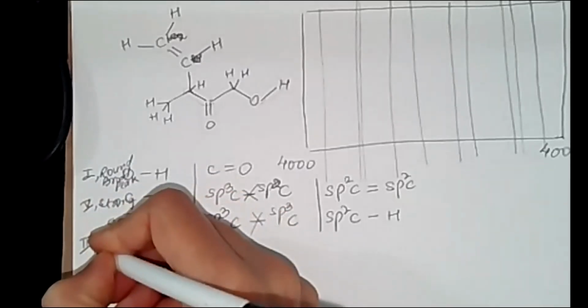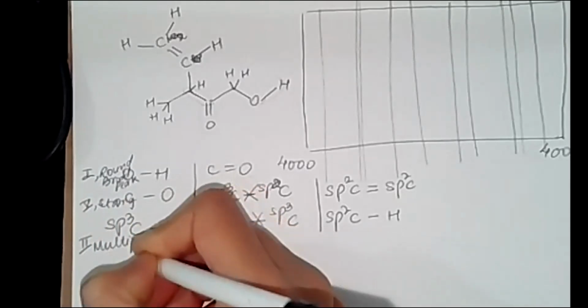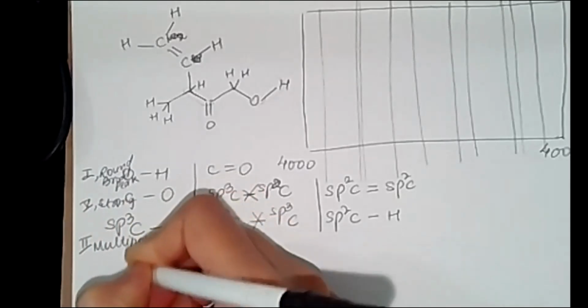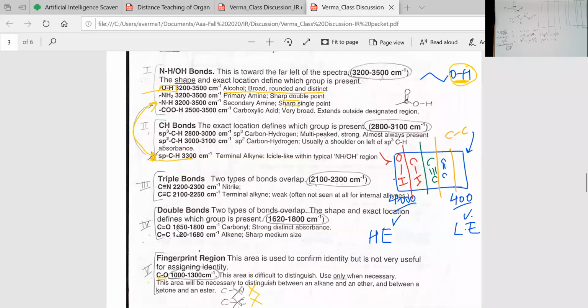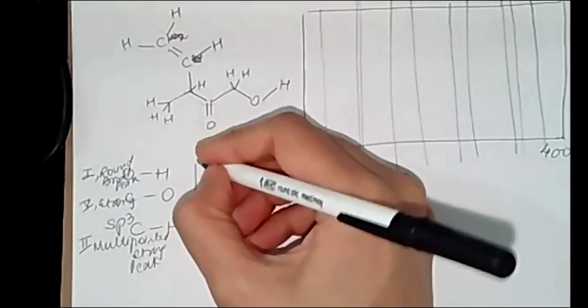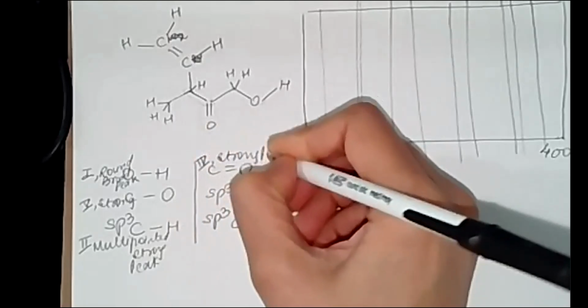Region 2, multi-pointed strong peak. C double bond O is in region 4, strong peak.